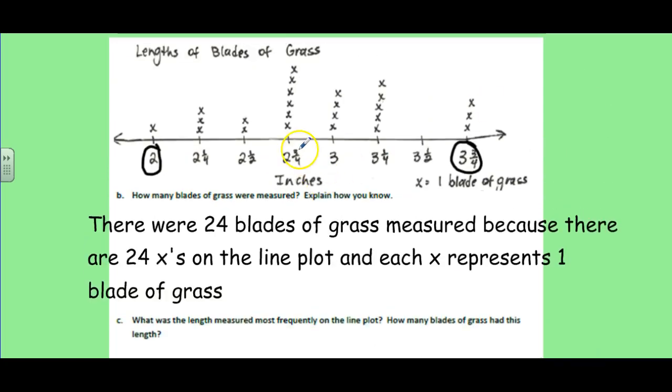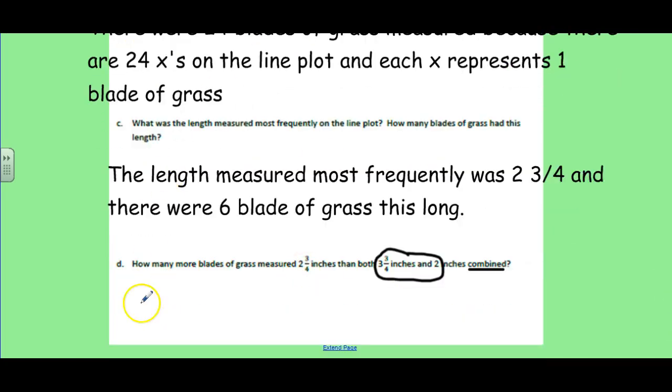And now we're going to compare that to 2 3/4. 2 3/4 had 6. So all we need to do down here is actually write our problem. 6 minus 4 is going to be equal to 2.